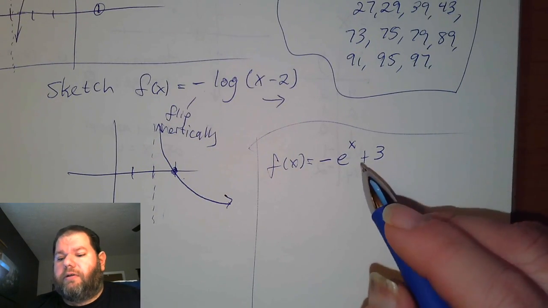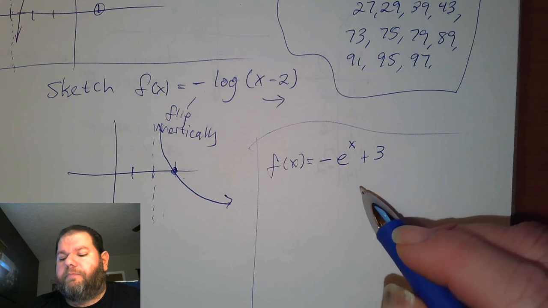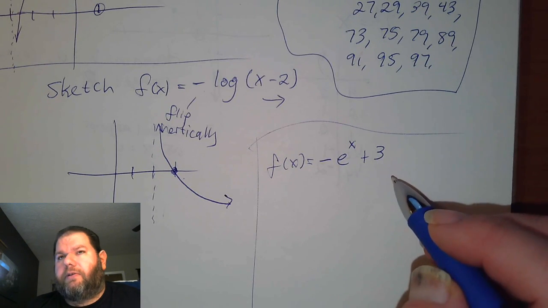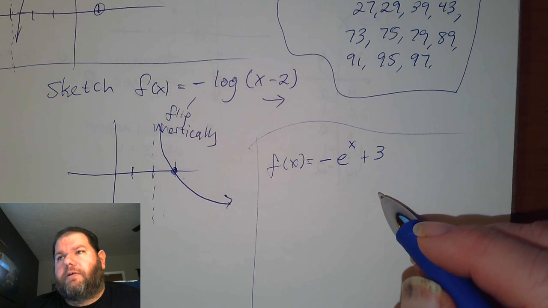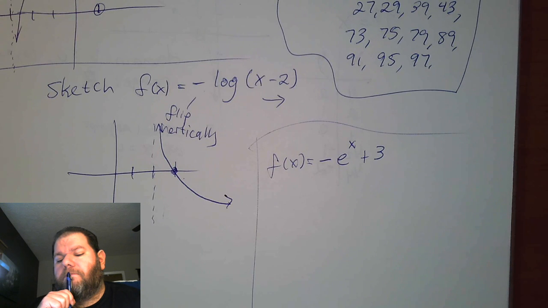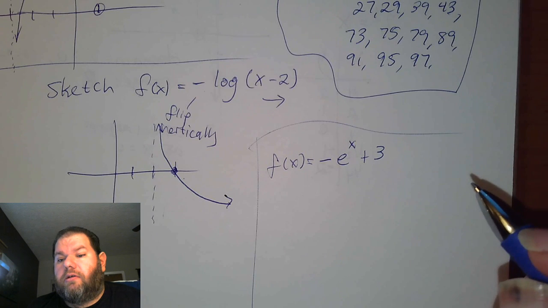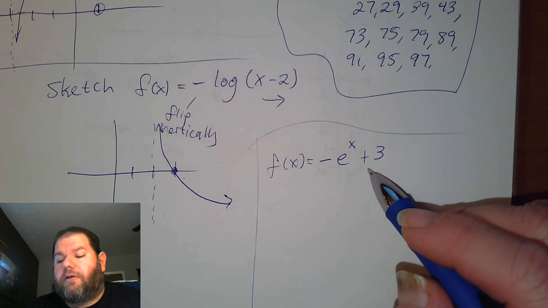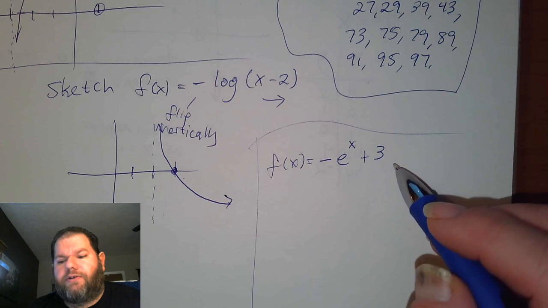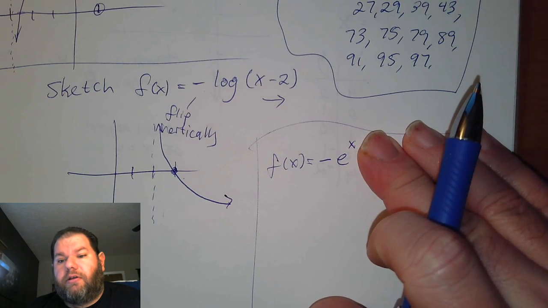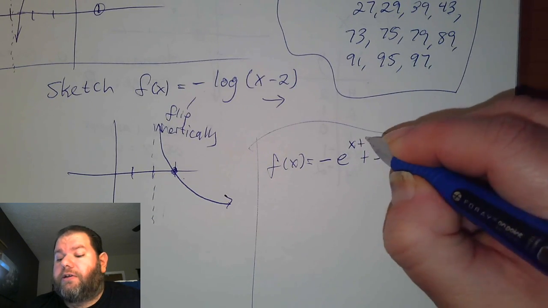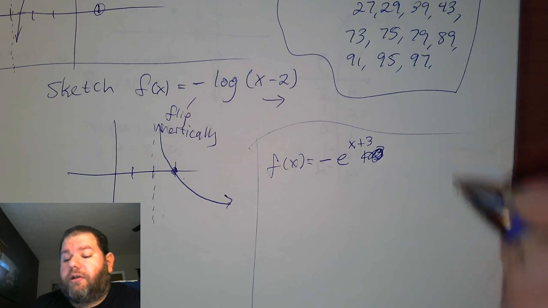Now this one, negative e to the x plus 3, it might be better if we do this in stages.